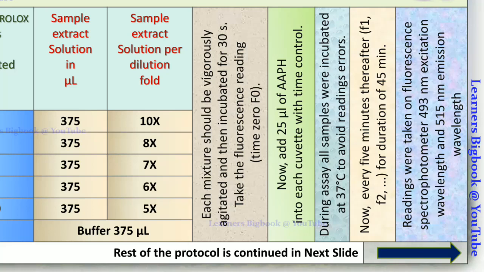In the same manner, with the time control of 5 minutes, after the 5-minute reading, you are again going to add AAPH of 25 microliters. Again you wait 5 more minutes, so it becomes 10 minutes in total.